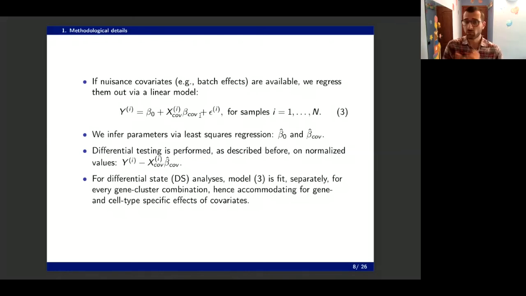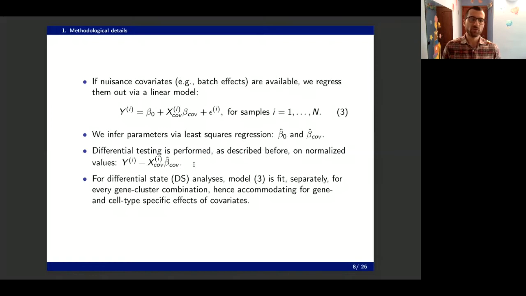So if you provide covariates, it will simply fit this linear model, estimate the parameters of the model via least squares regression, and remove the effect of covariates from your input data. And then it will perform differential analysis exactly as I showed before, but on these normalized, regressed values.